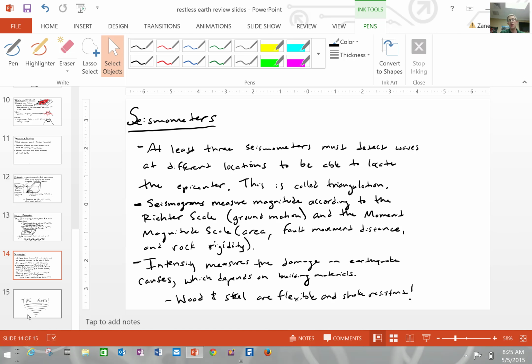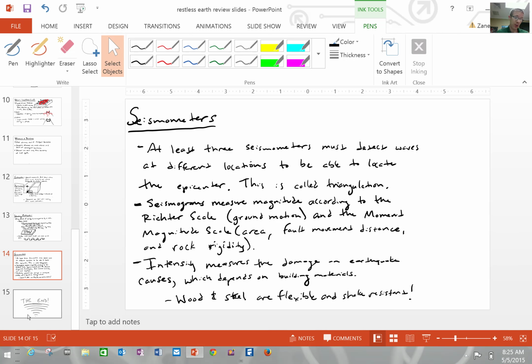For every 1 point the Richter scale goes up, the ground shakes 10 times as much. But more scientific is the moment magnitude scale, because that measures a lot of different things, such as the area that the earthquake's taking place on, the distance the fault blocks move, and how rigid the rock is. So that's kind of more scientific.